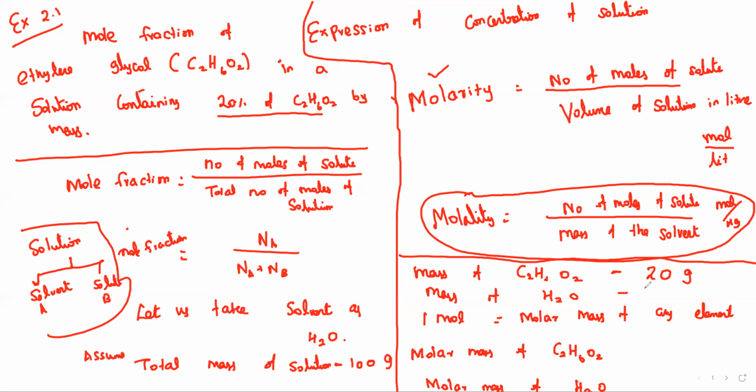If 20 gram is the mass of C2H6O2, what will be the mass of H2O? 80 grams. So now try to find the molar mass of C2H6O2. What is the atomic number of carbon? How much is it?